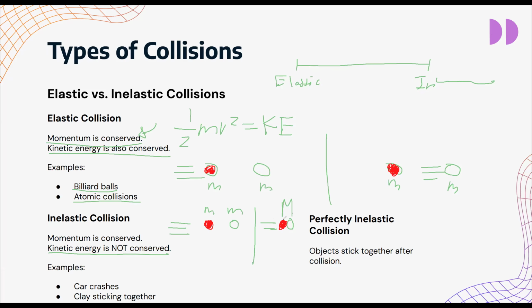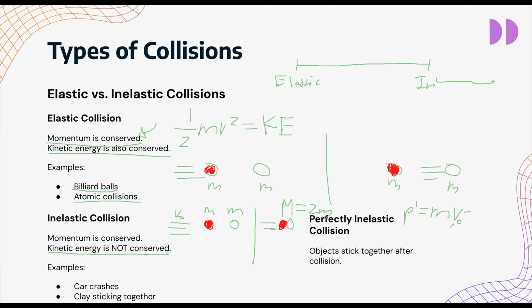Say these two balls are magnetic to each other, and before, this ball is moving toward the other at some speed, and after the collision they stick together. They now have a 2m combined mass, because each ball individually is m. The momentum before was just mv, because only the red ball was moving. Let's call this velocity v naught.